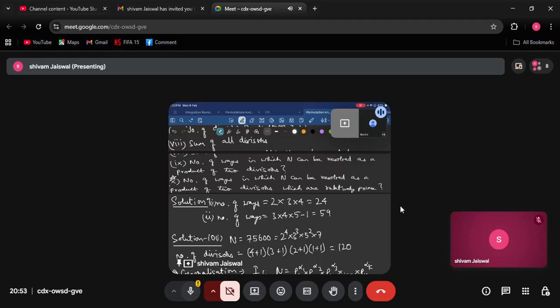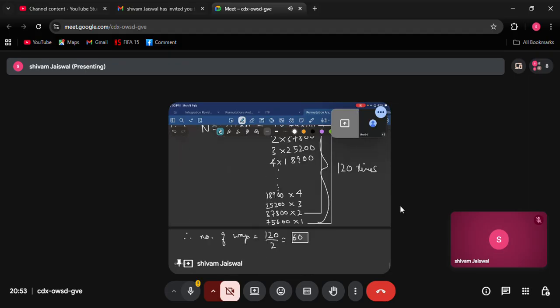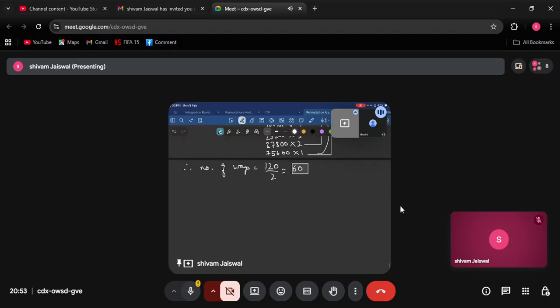Relatively prime means they should be prime to each other. What is the meaning of relatively prime? Tell me. Are these two numbers relatively prime? Tell me. Yes, sir.